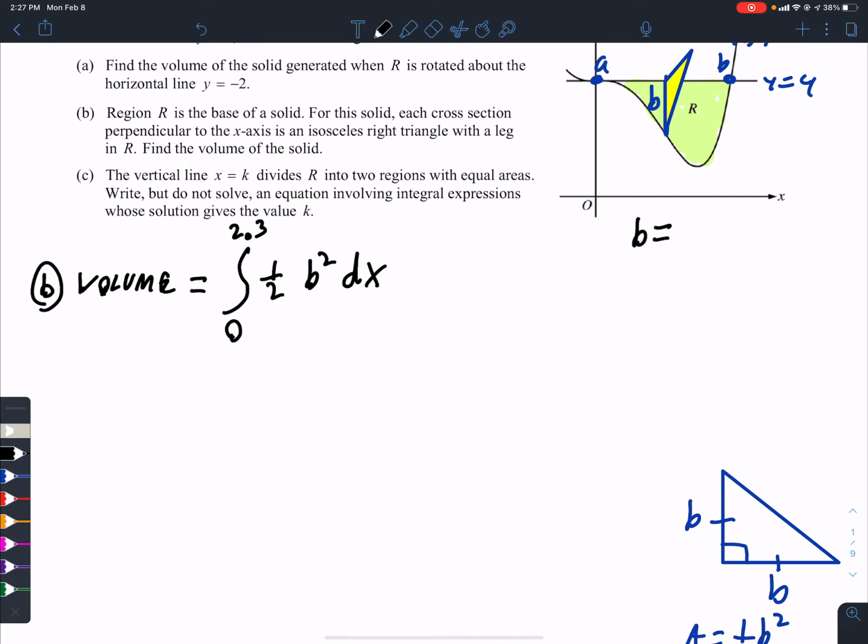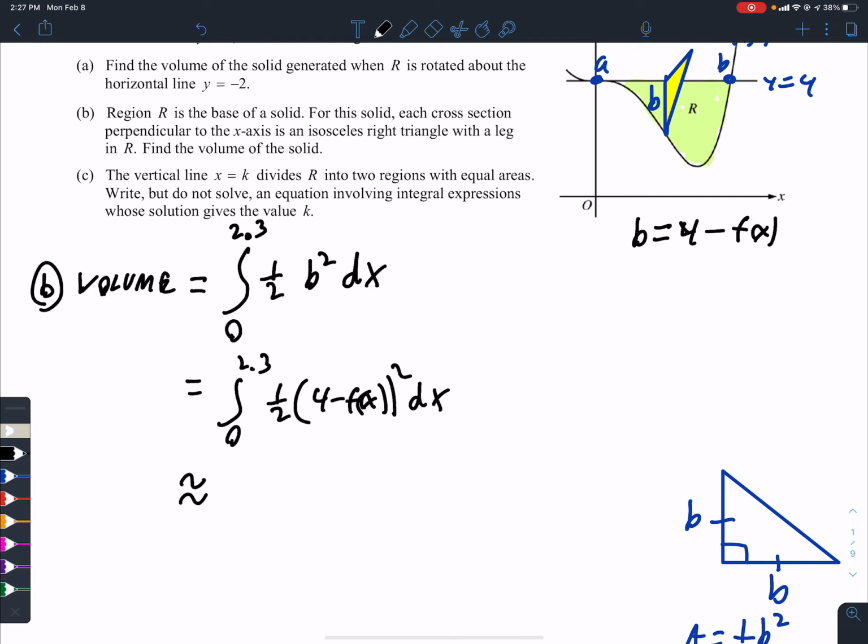But what is b? We'll define b as big Y, which is 4, minus small y, which is f of x. So here we go. It's 1/2 (4 minus f of x) squared dx. And then we're just going to put that in our calculator, but we know f of x is y1.